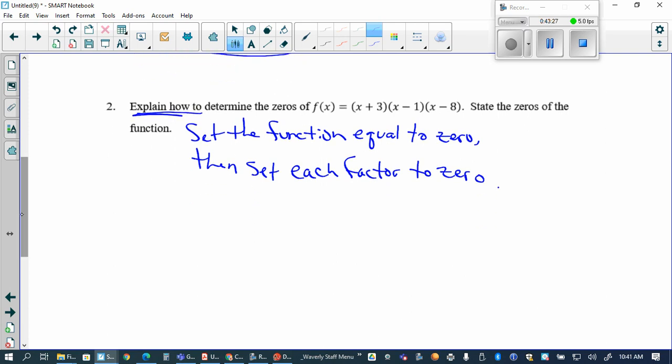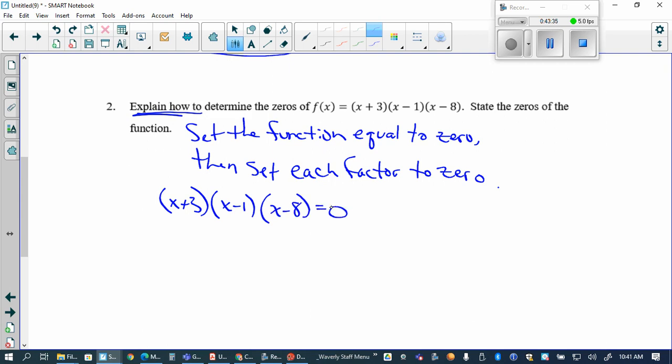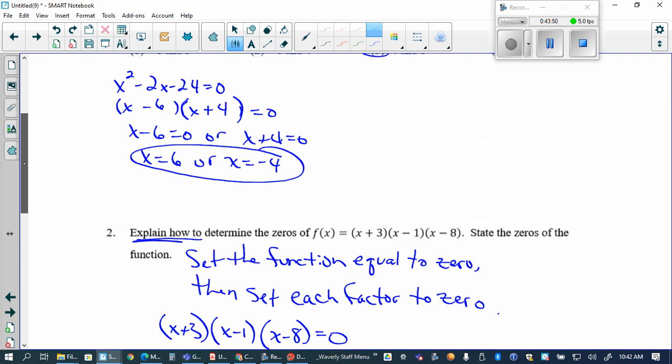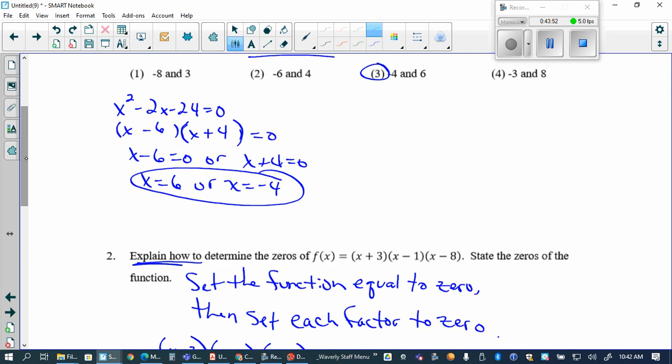So step 1, set the whole function equal to 0, yeah? X plus 3 times x minus 1 times x minus 8 equals 0. So Randy, what's our next step? Well, did I do that up here? I did. There's an in-between step you need, which is what?